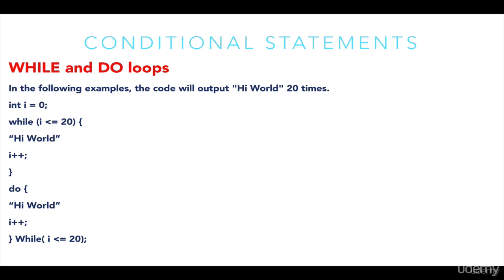As you can see, I have put the HighWorld text inside the do curly braces, and then I decided to increment the I variable by 1. Okay, and then after executing the statements inside the do curly braces, it's gonna check whether the I is less than or equal the number 20.